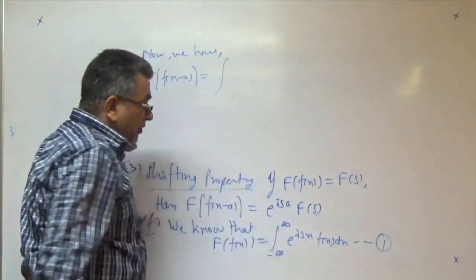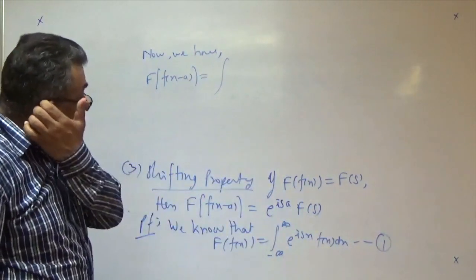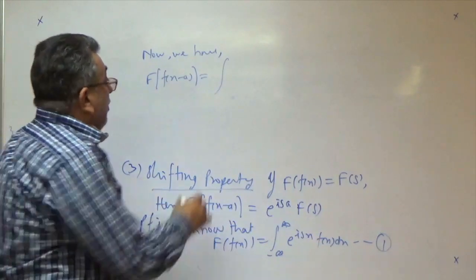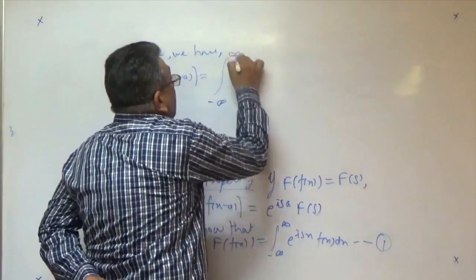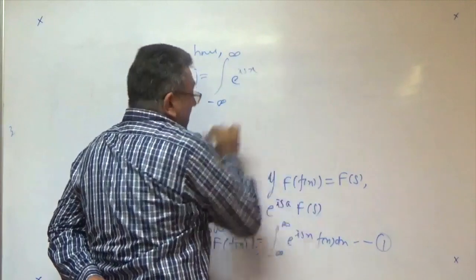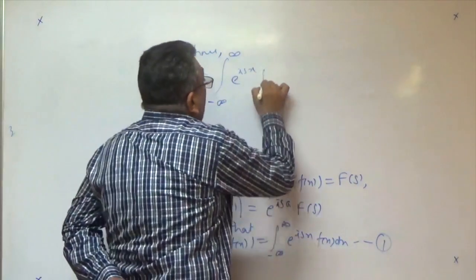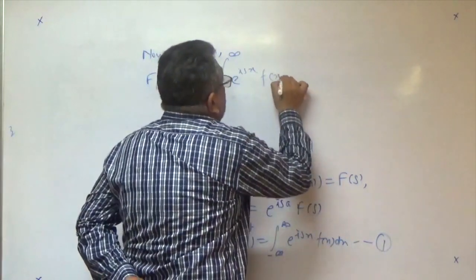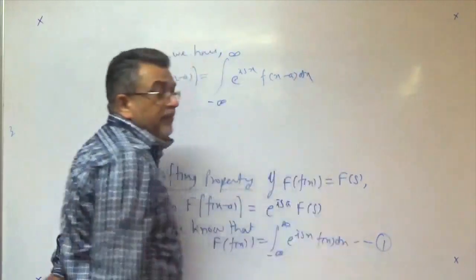By the basic definition of the Fourier transform, this is the integral from minus infinity to infinity of e to the power i s x f of x minus a.